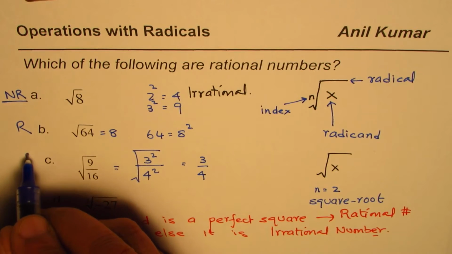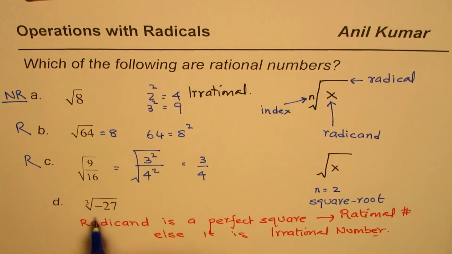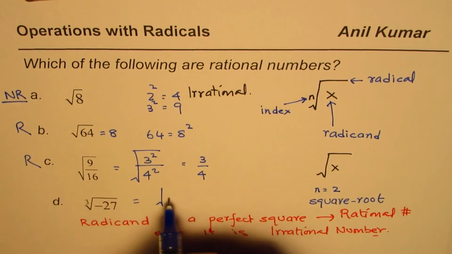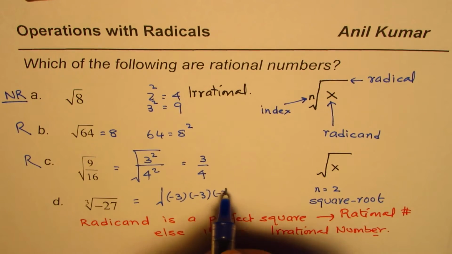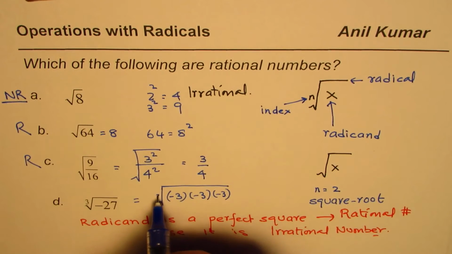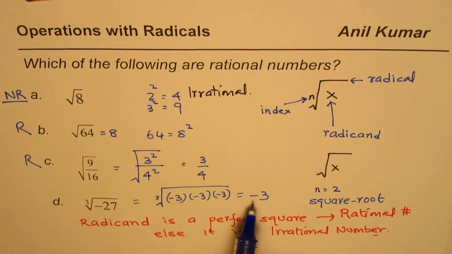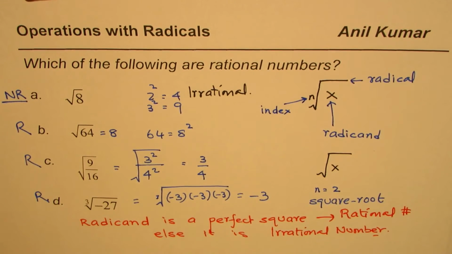As you can see, this one is a rational number. The last one here is cube root of minus 27. Here we could write this as minus 3 times minus 3 times minus 3, and its cube root is indeed minus 3. Now this one is a rational number. So the last one is also a rational number.